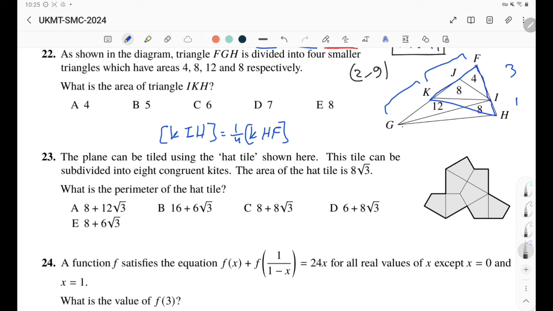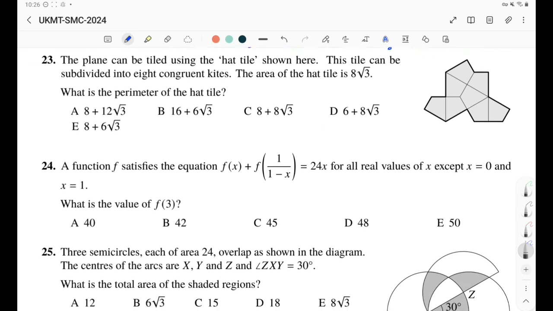Since K is the midpoint, it's just half of, so it's now 1 over 8 of the big triangle, which is FHG. And FHG is just 32, so the answer is 1 over 8 times 32, that is 4. So the answer is just 4, and that's the answer for question 22.